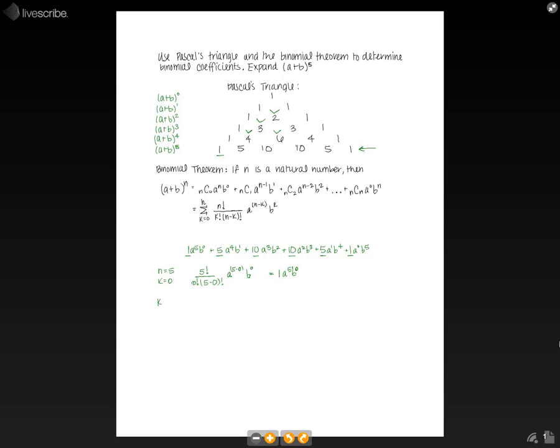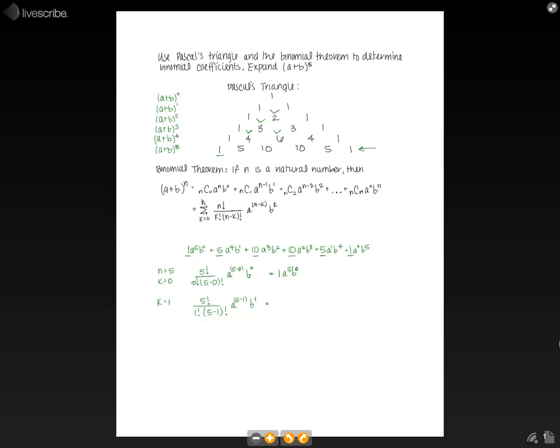Alright, so now we move on to k equals 1. So we have 5 factorial over 1 factorial, 5 minus 1 factorial. And then we have a to the 5 minus 1, b to the 1.